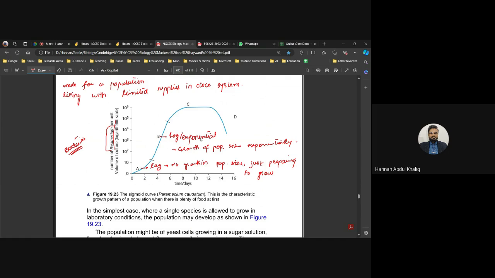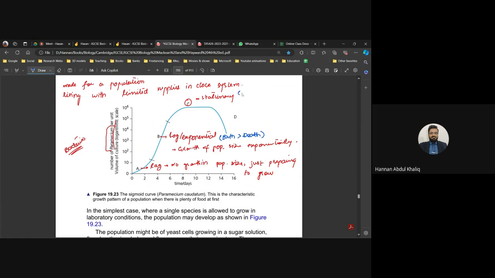This is called the log phase. Then comes another phase called the stationary phase. In the B phase, the birth of the individuals is quite larger than the death of the individuals.